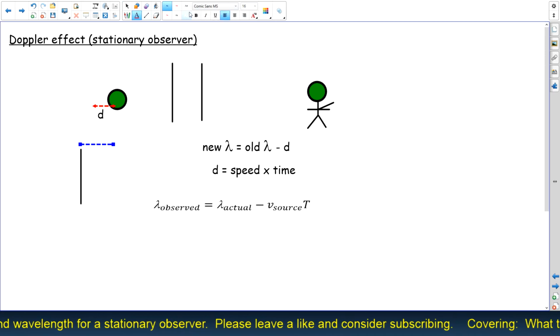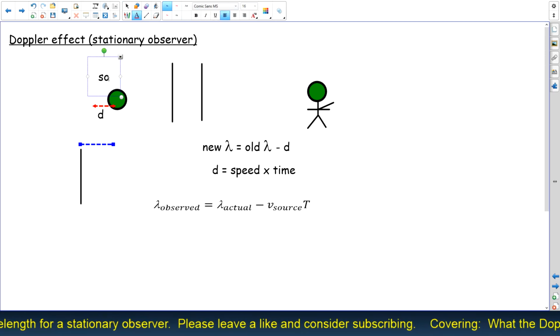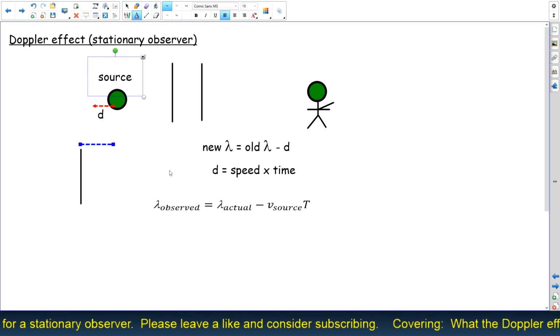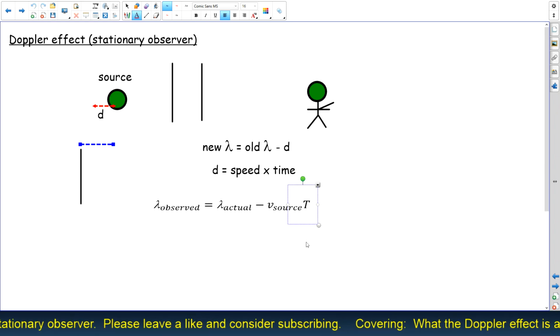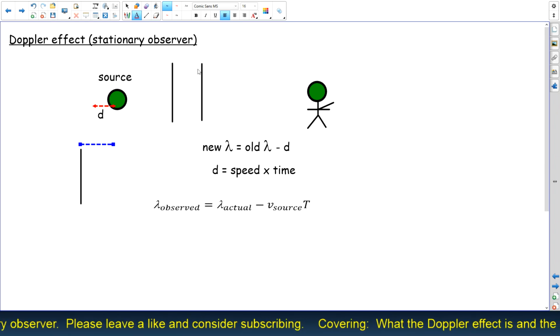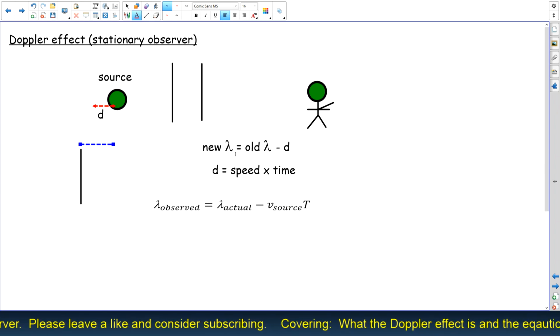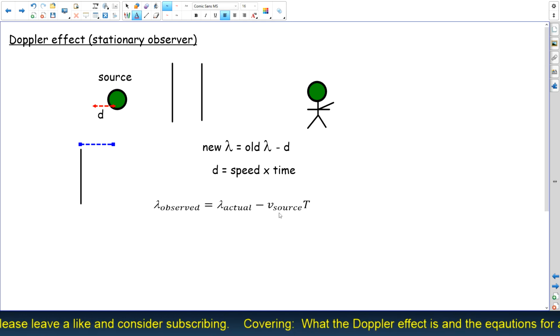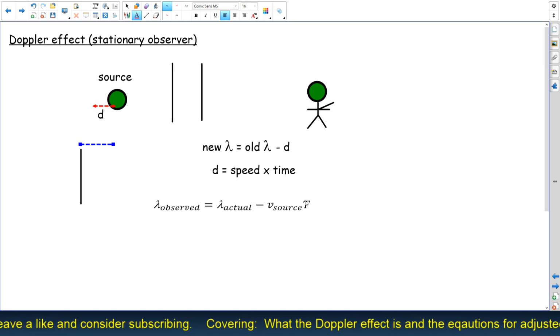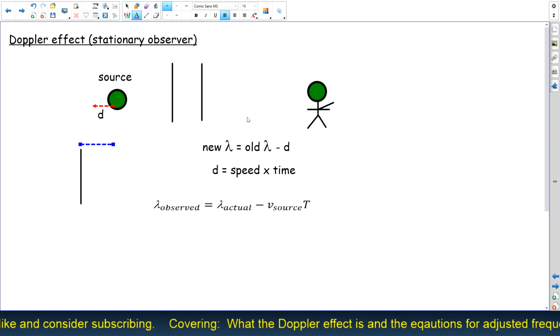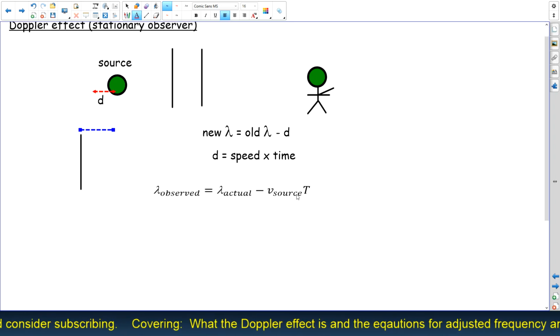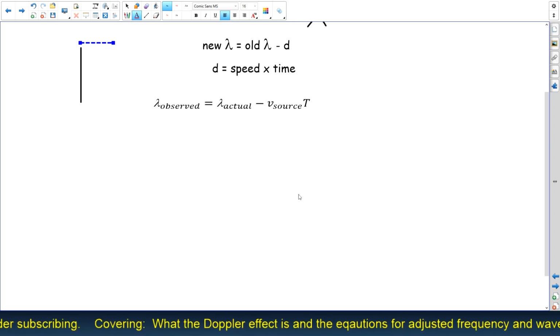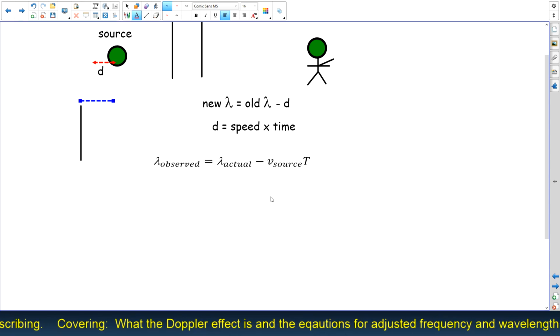So we'll call this our source, multiplied by capital T, the time between the waves, the time period of wave production. And that's T for the source, as opposed to whatever it observes T to be later on. Is that right?